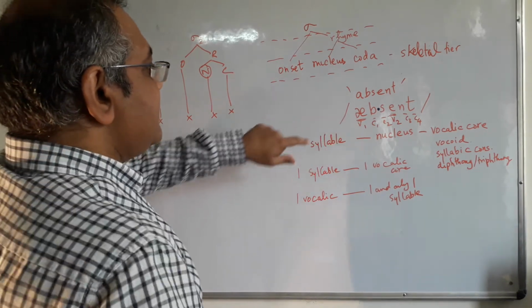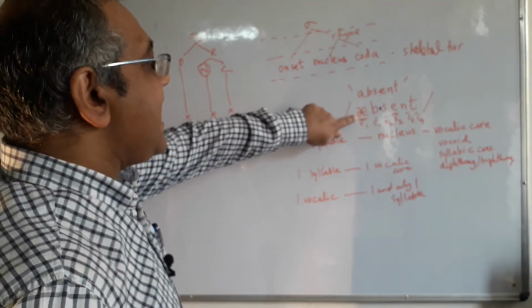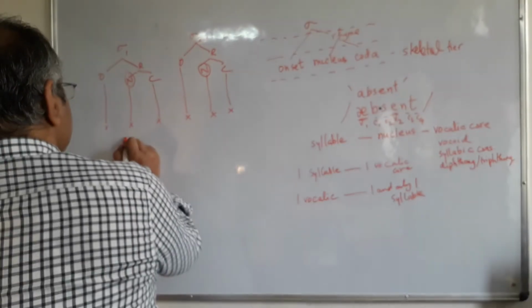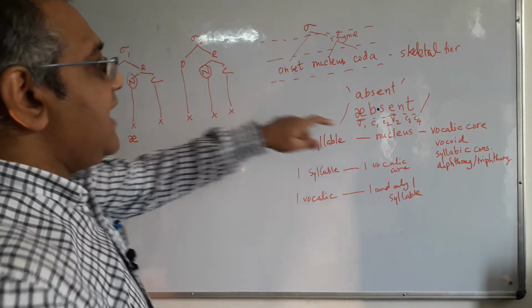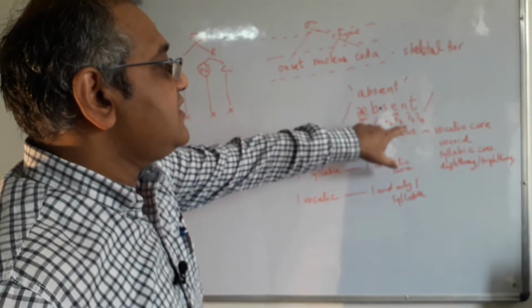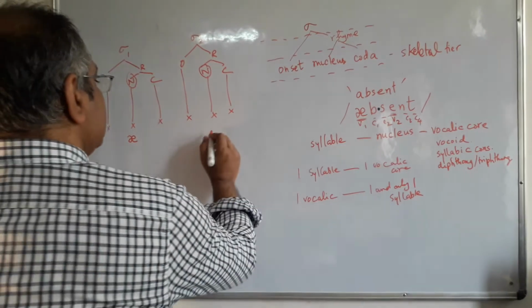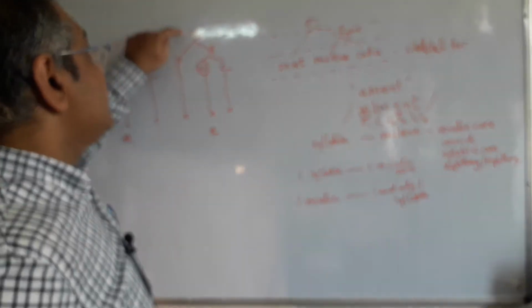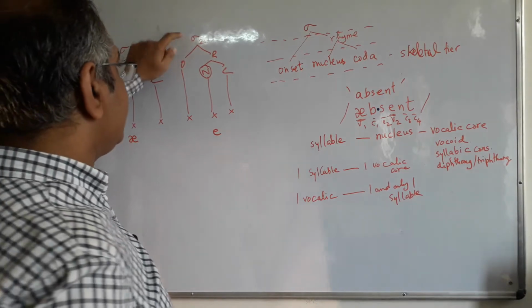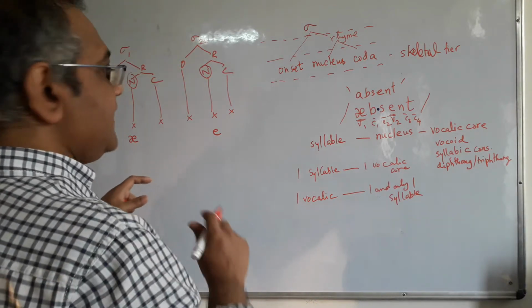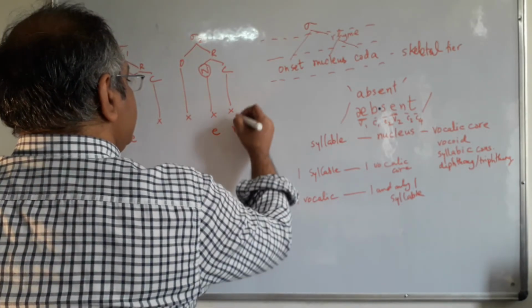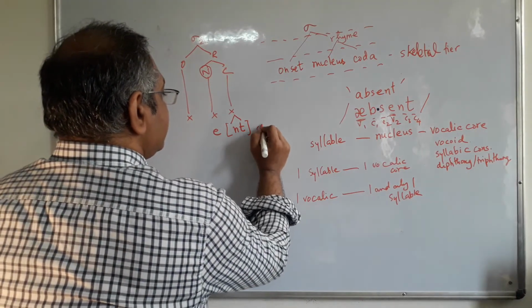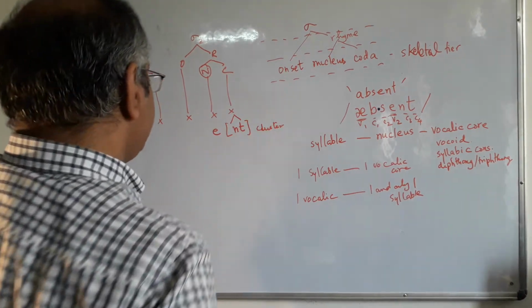In this case, the first vowel V1, a, is assigned to the nucleus of the first syllable, sigma 1, and a as V2 is assigned to the nucleus of syllable 2. Taken together, you have no problem saying that this can become a consonantal cluster as part of the coda.